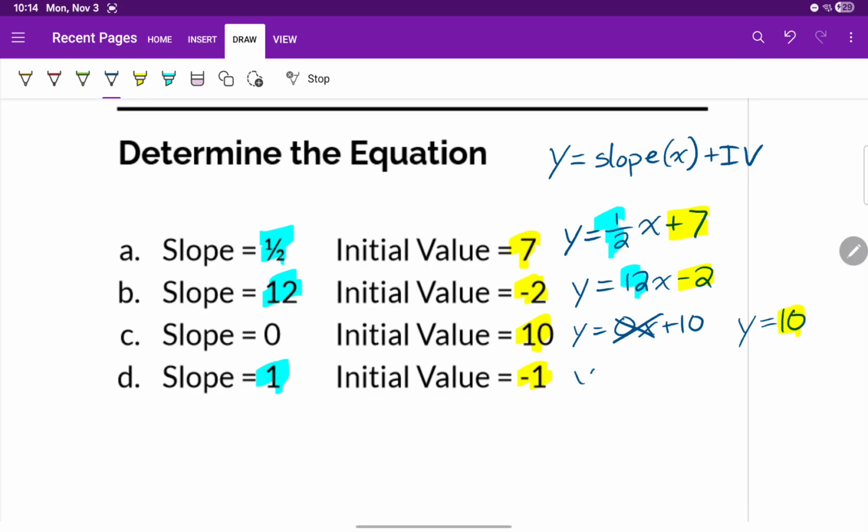My last one, y equals 1x minus 1. There's my initial value, and there's my coefficient. Okay.